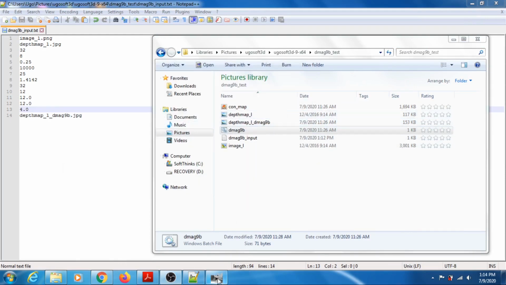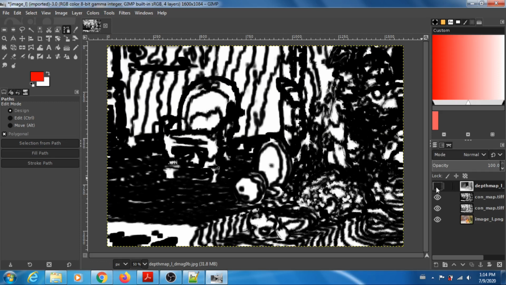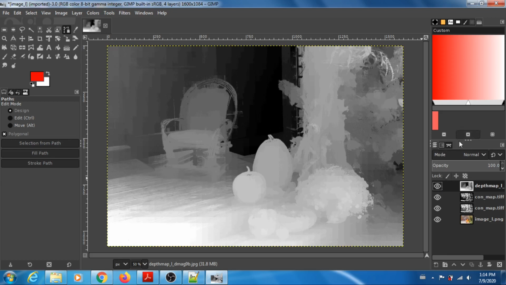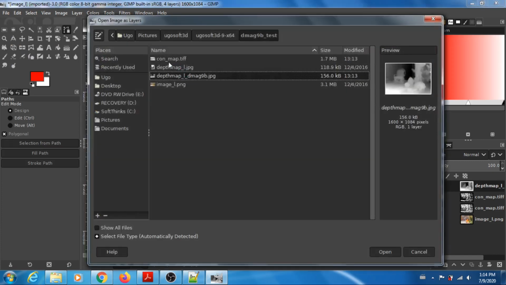And again, the GIMP. So I also saved the output depth map corresponding to this confidence map. Now let's load up the new confidence map. This one.